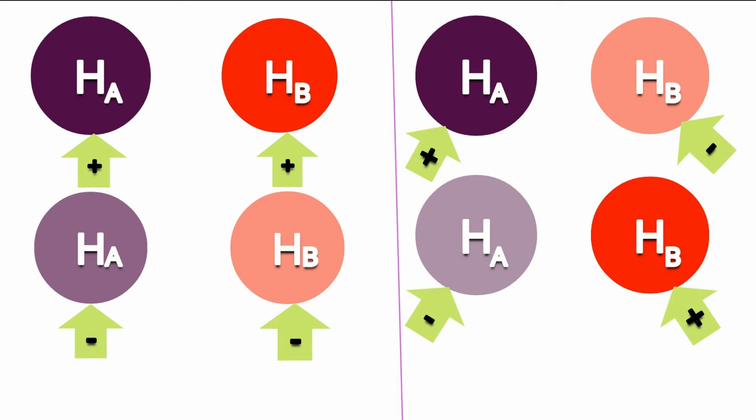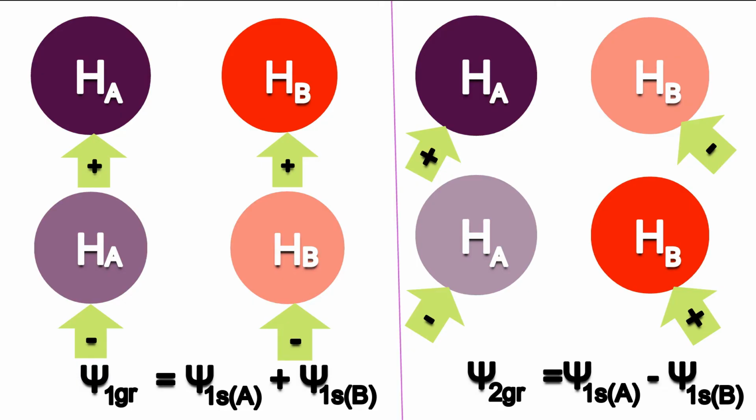Mathematically, how can I describe these two interactions? The left compartment group can be represented as psi1. It is the first group. Psi1 group is equal to psi 1s for hydrogen A, meaning the wave function for hydrogen atom A, plus.